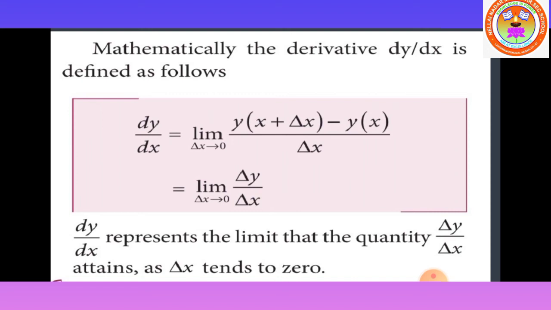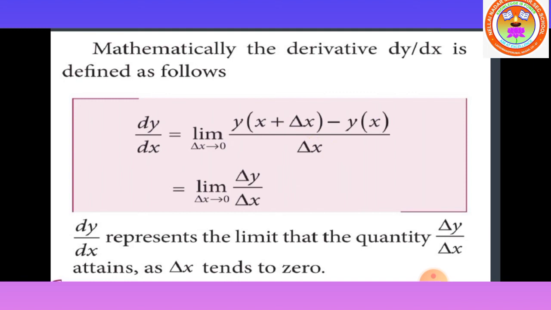Mathematically, the derivative dy divided by dx is defined as follows. That is, dy divided by dx is equal to the limit as del x tends to 0. There is a change in the x-axis, that is del x tends to 0, which means a very small change. So here we can write y of x plus del x minus y of x, divided by del x.